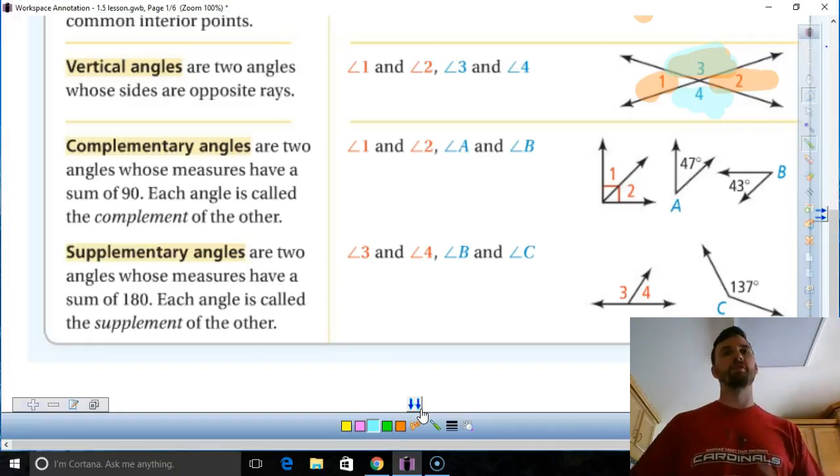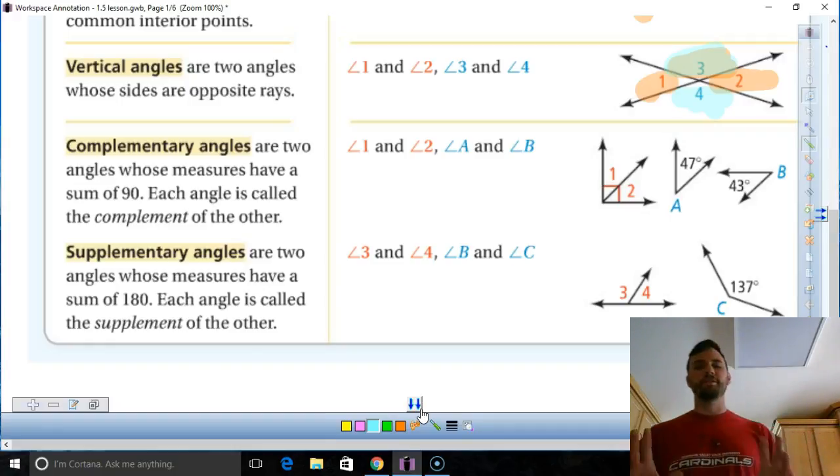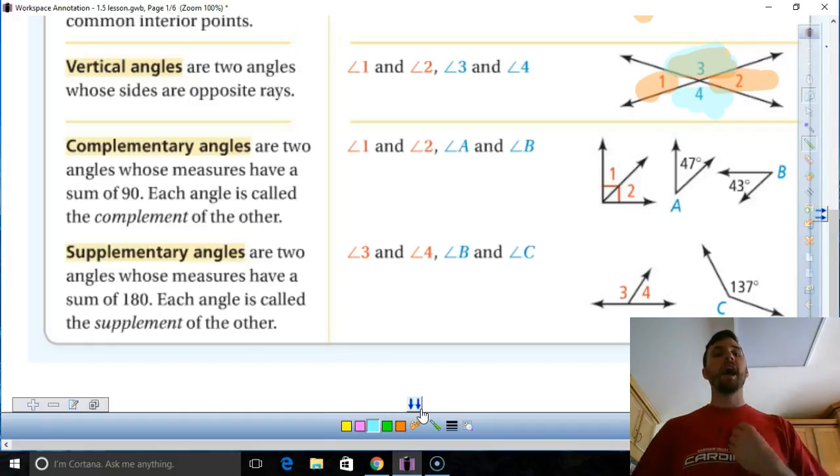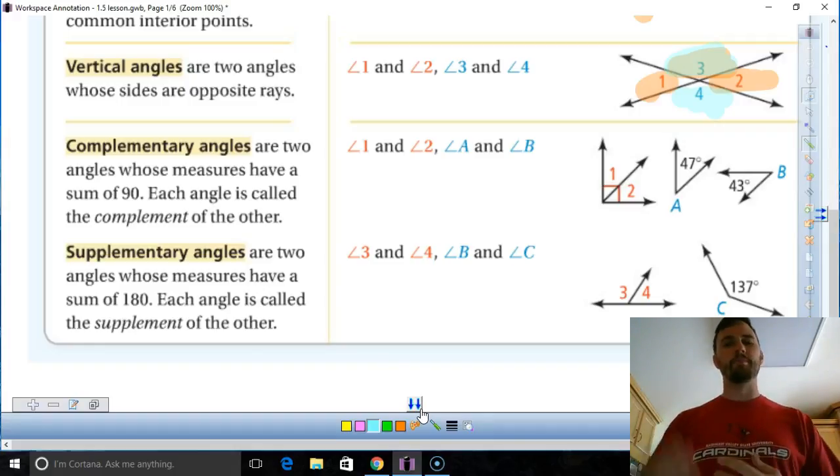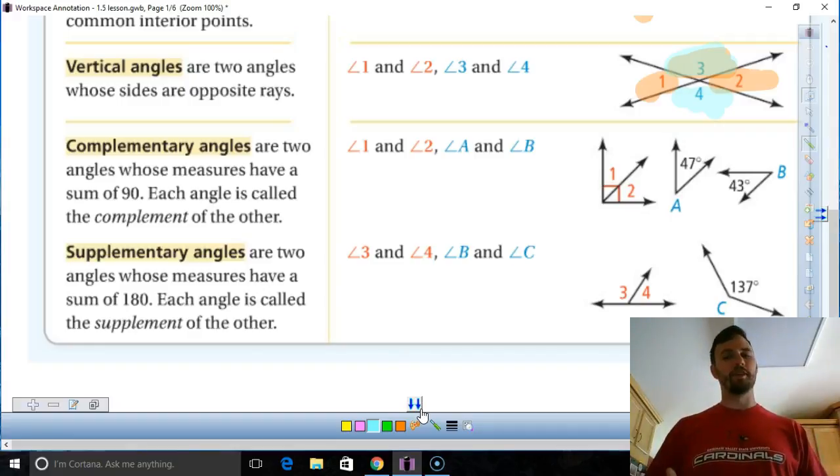They don't have to be next to each other. Do you guys know that a 90-degree angle is also called a right angle? That's why I use this little thing to help me remember: I compliment my wife to make things right. Complementary, right angles.